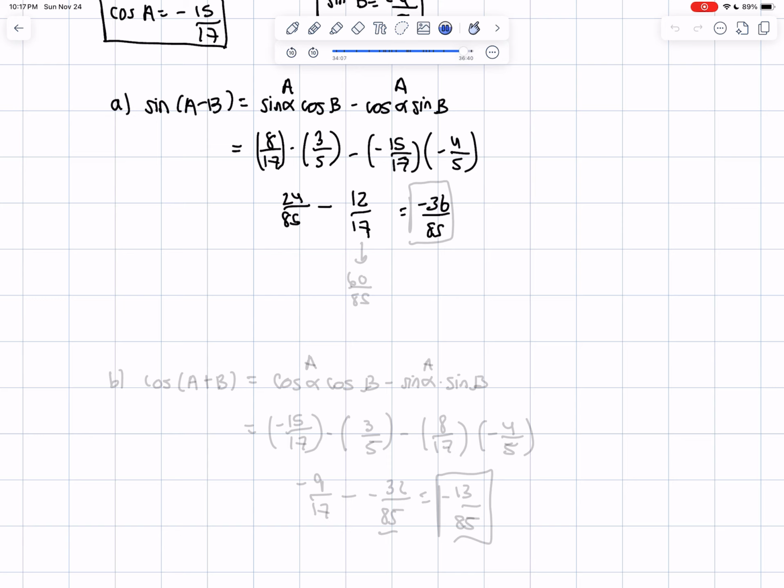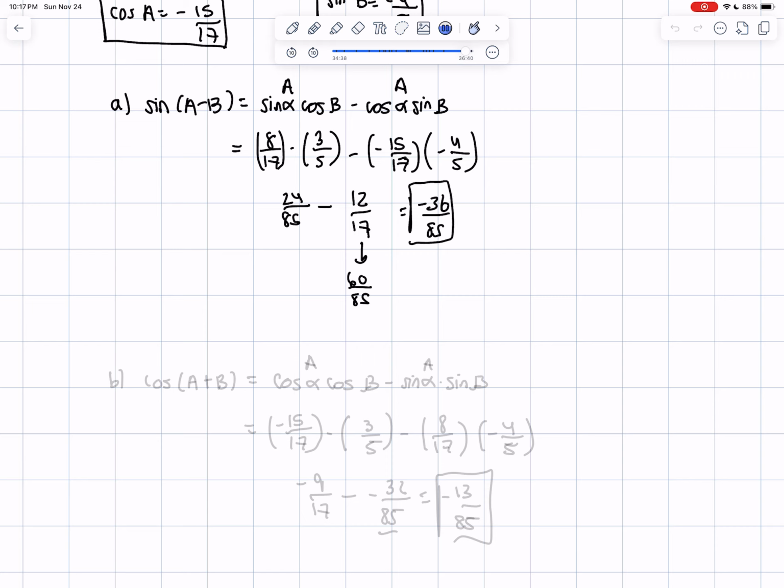So when we calculate this, we get what? Let's see. I get negative 36 over 85. Now, you could have changed this to the same denominator, and you could change this to 60 over 85. But if you left it like this and subtracted, you would still get the same exact answer.